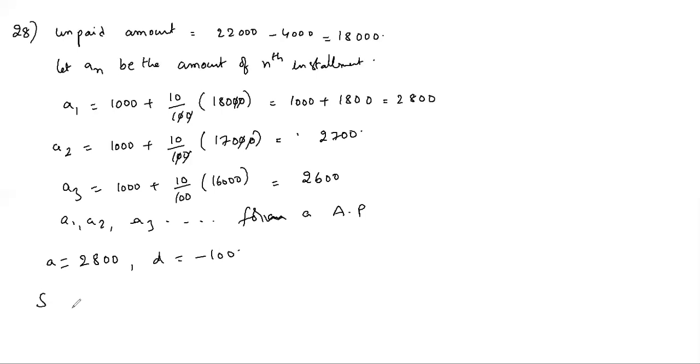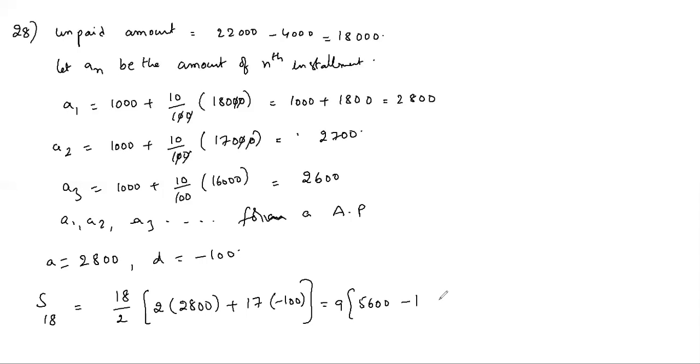So S18 you have to find: 18 by 2 into (2 into 2,800 plus (18 minus 1), 17 into D, minus 100). So 9 into (5,600 minus 1,700).